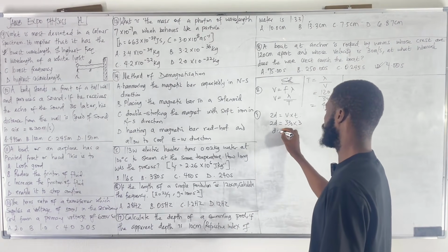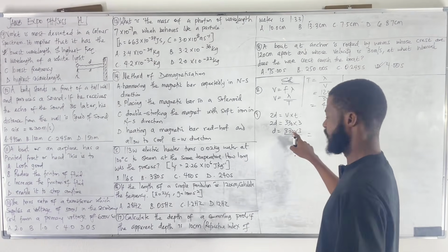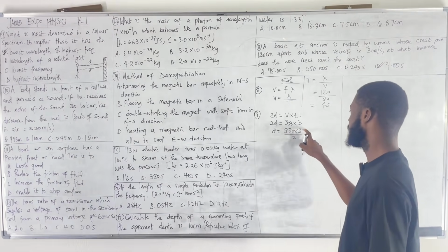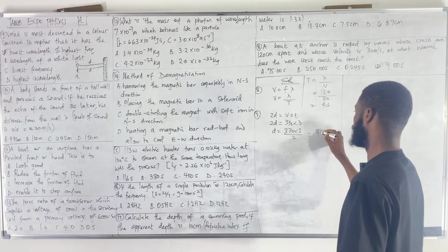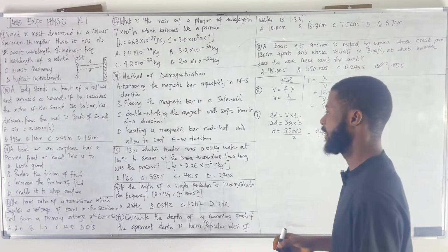So D will become 330 times 3 divided by 2. 330 times 3 is 990, divided by 2 is 495. So this is the answer to question number 9.